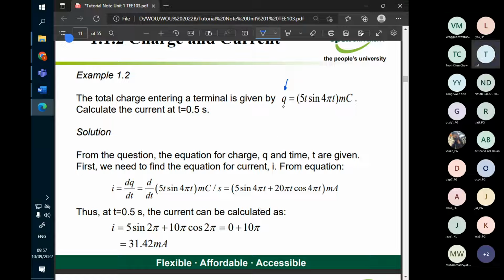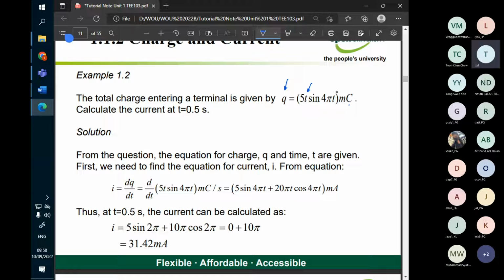So we have a Q given, with time as another parameter. If you substitute the time here, you can calculate the total charge.